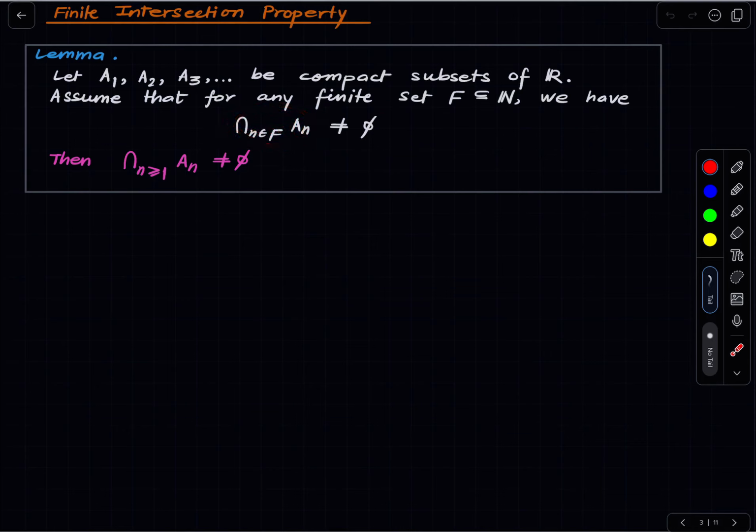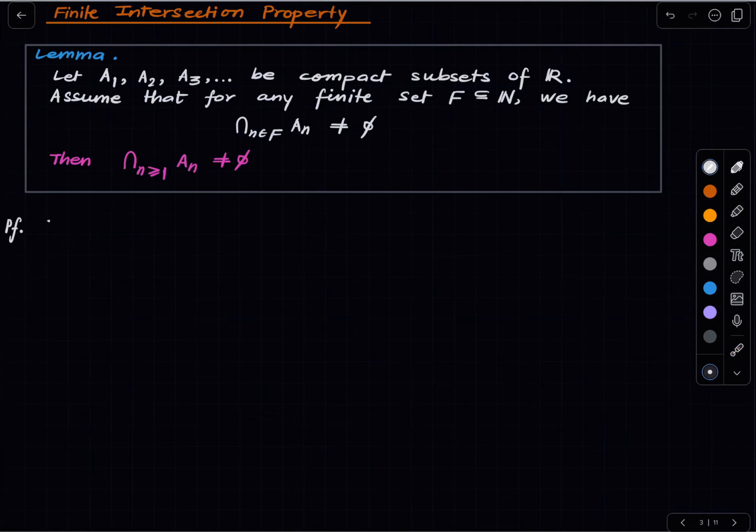There is always something in common whenever we intersect finitely many of these. Then magically it so happens that the intersection of all of them is also non-empty. This is called the finite intersection property because of this hypothesis. I hope the theorem statement is clear, and let us prove it.